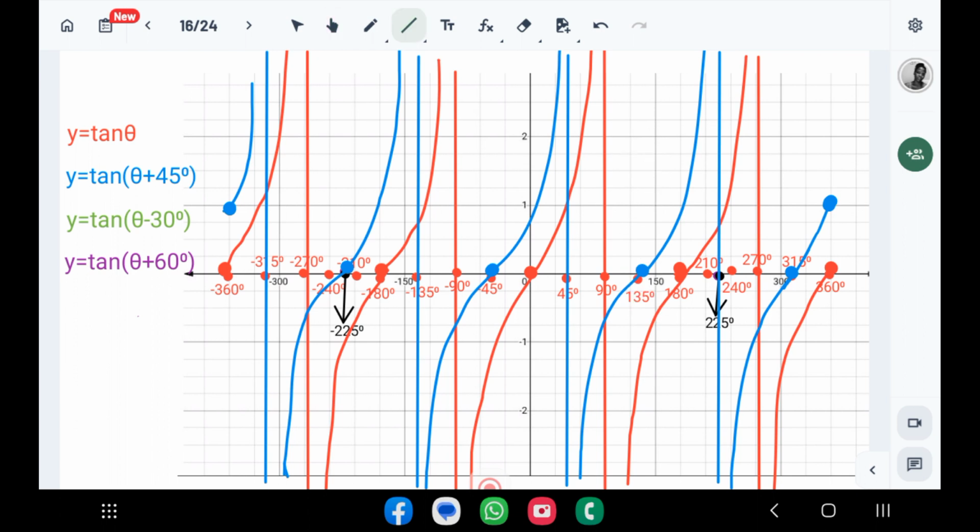This is where the asymptote will land us. That's the green one, so let's make the color green as well. Now let's duplicate this. Everything will have a shift to the right compared to the red one, 30 degrees. So where there is the standard one, the red one, we just take it 30 degrees to the right.